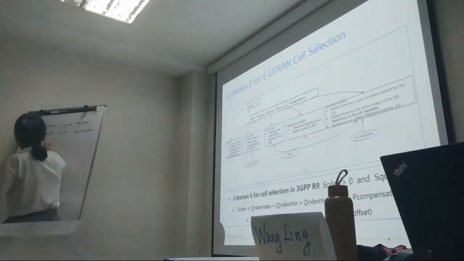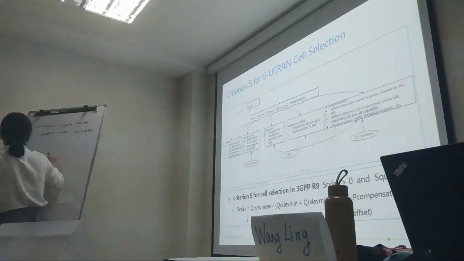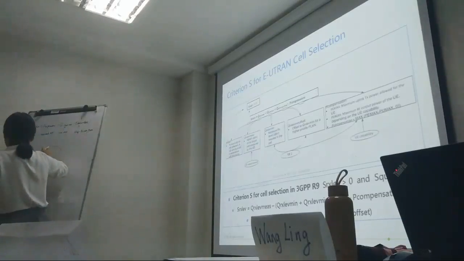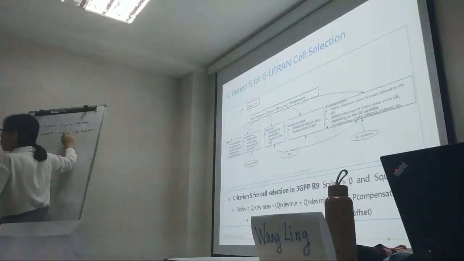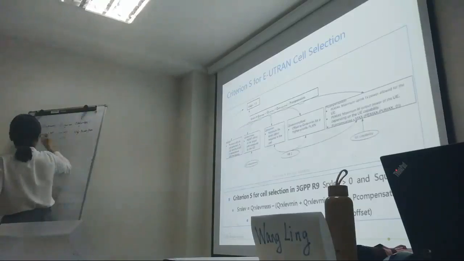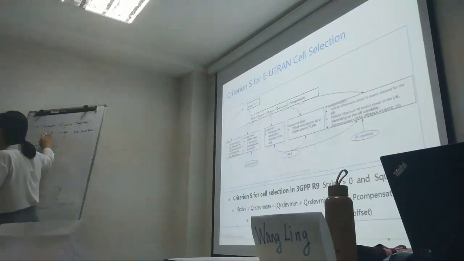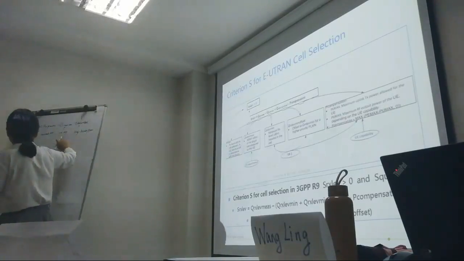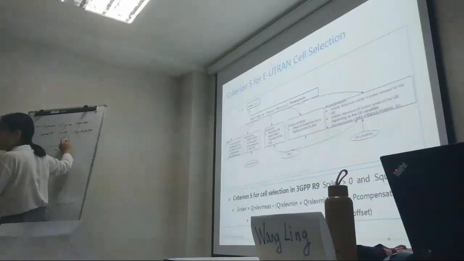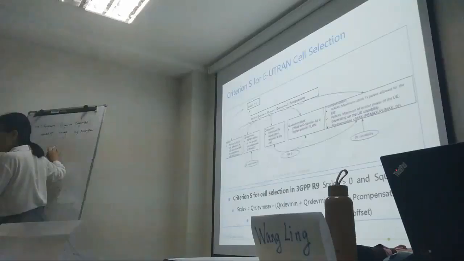For example, if we don't consider the UE, this is the cell. I set the minimum as minus 120. So if I measure an SRP greater than minus 120, I can access this cell.